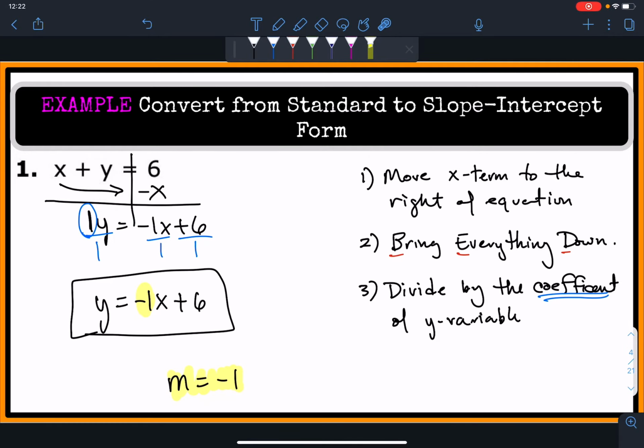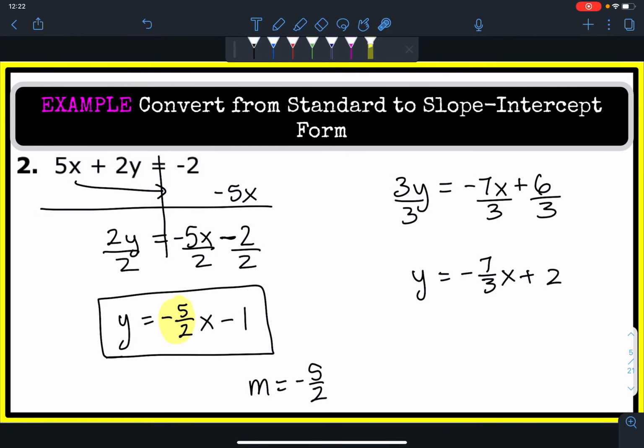So dividing these two coefficients, 1 divided by 1 is equal to 1, and we just simply get the opposite of that number, which makes it negative. Look at over here. If I divide 5 by 2, that's equal to 5 over 2. That's that number right there. And we just simply make it the opposite. Notice that a positive 5 divided by positive 2 is positive 5 over 2. But then simply making it the opposite gives us the slope. It matches the slope of that line.